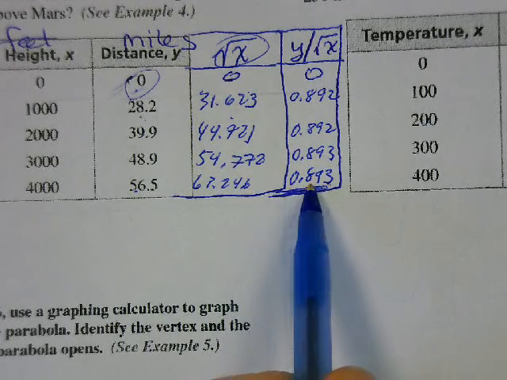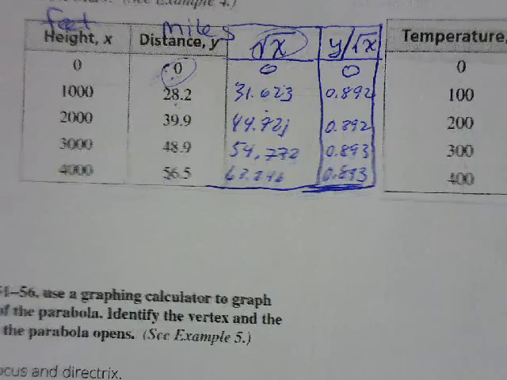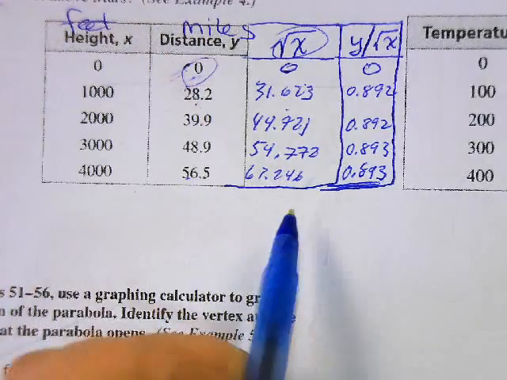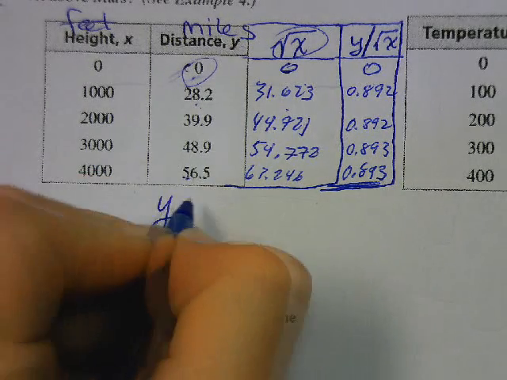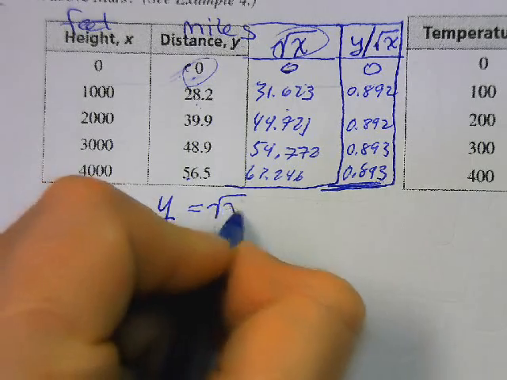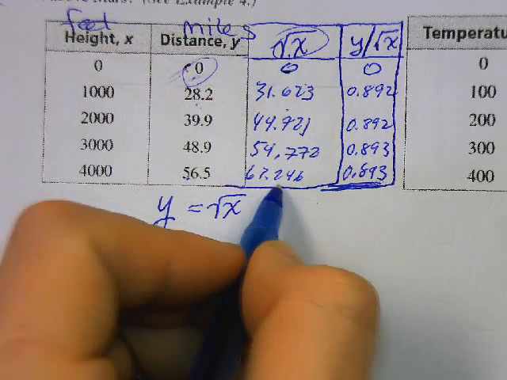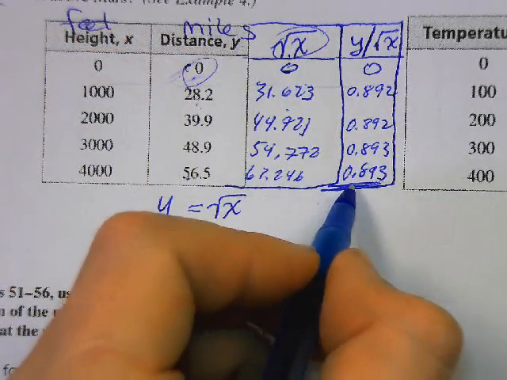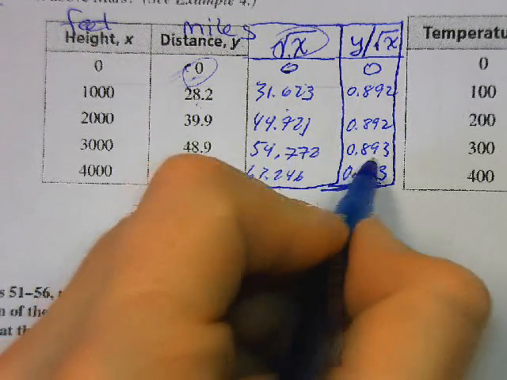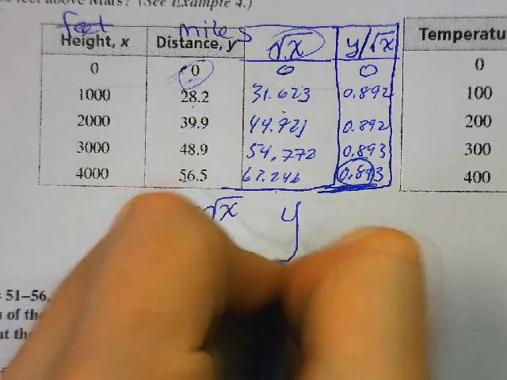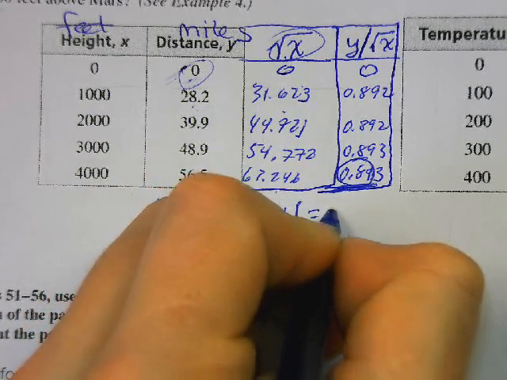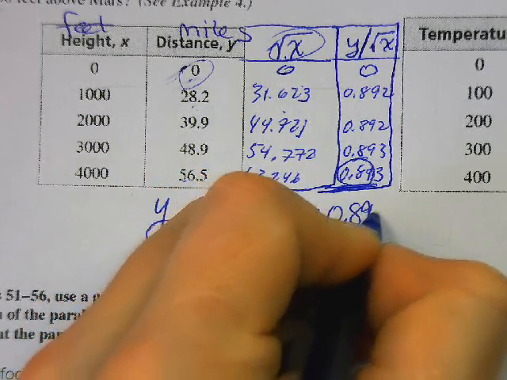Okay. So this is our equation right here. The whole reason that we did this step, that we divided, is so that we could get our equation. We started with y equals the square root of x. That's this column right here. And now we know that the coefficient is 0.89. Okay? So this new equation that we're going to use is y equals 0.89 square roots of x.